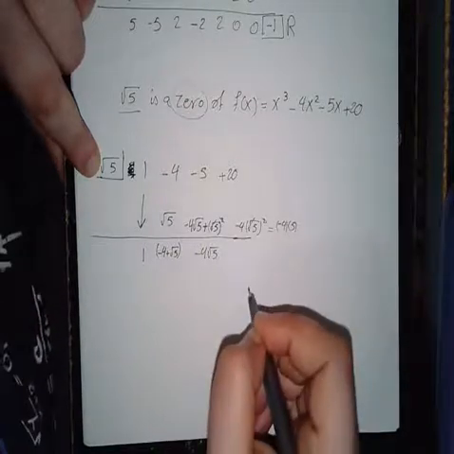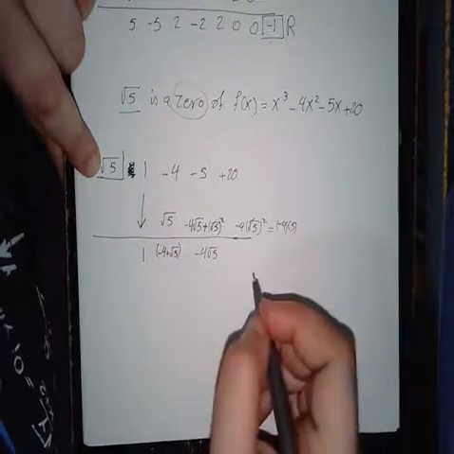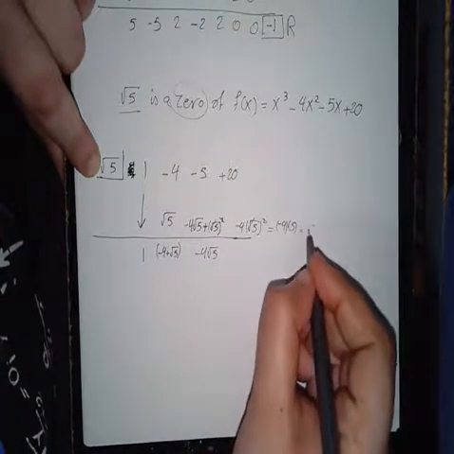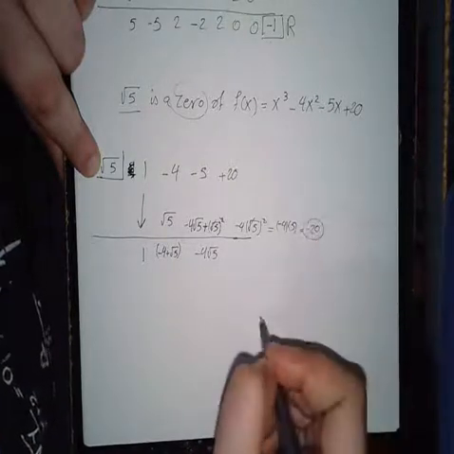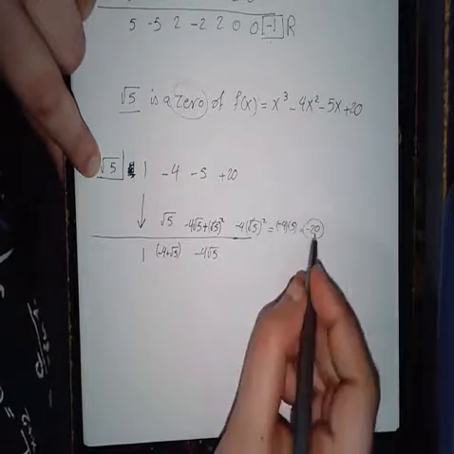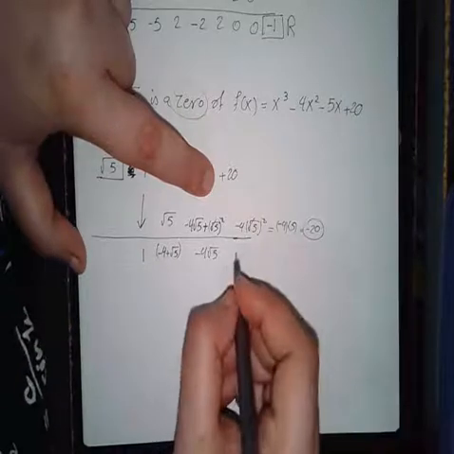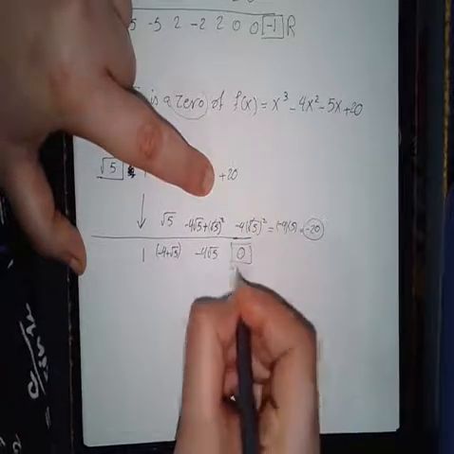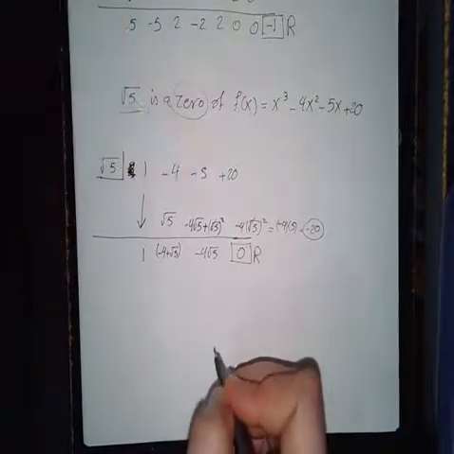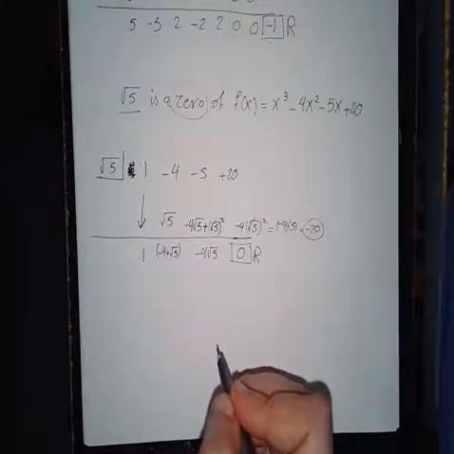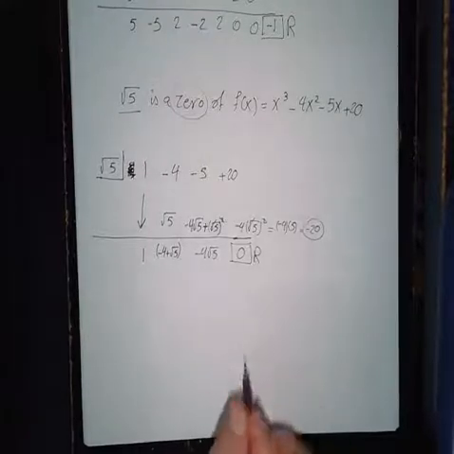So 4 times 5 is 20, and with the negative, the answer is -20, right? So that's the number we have here. I'm adding -20 plus 20, and the answer is going to be 0. So that is your remainder. That means that root of 5 is indeed a zero of the function, and the remainder theorem proved it. Make sense?